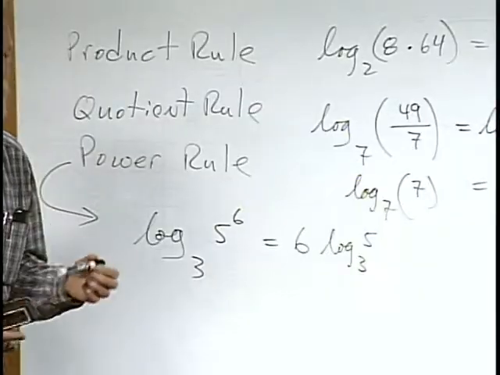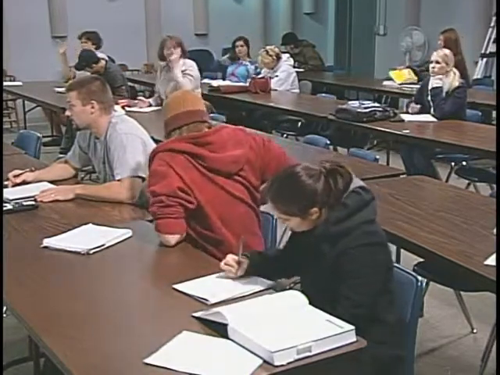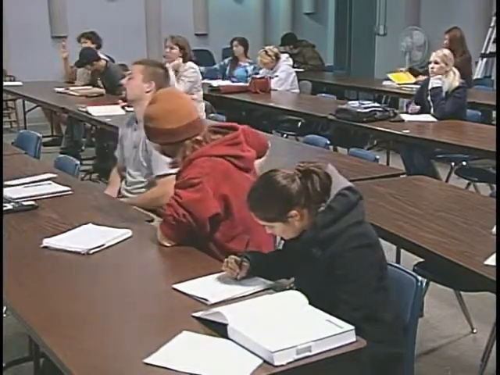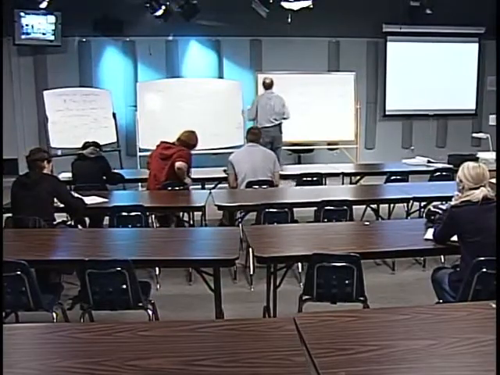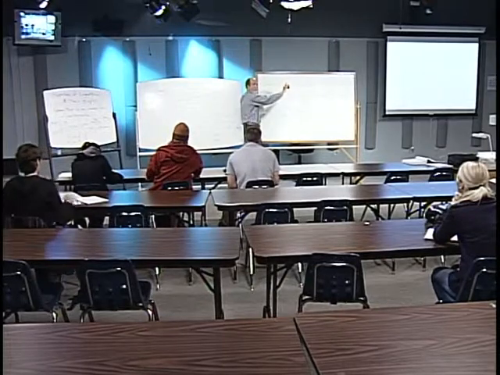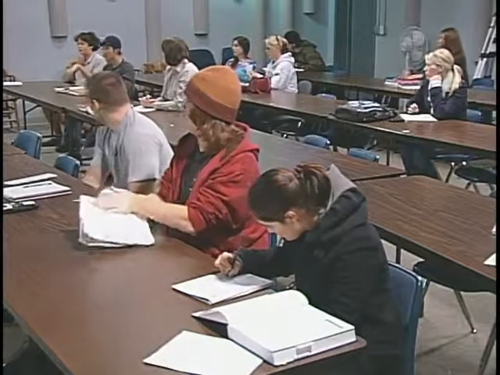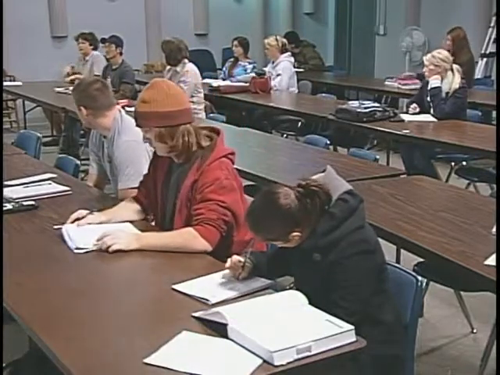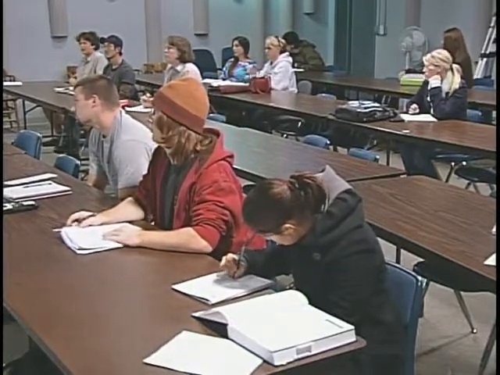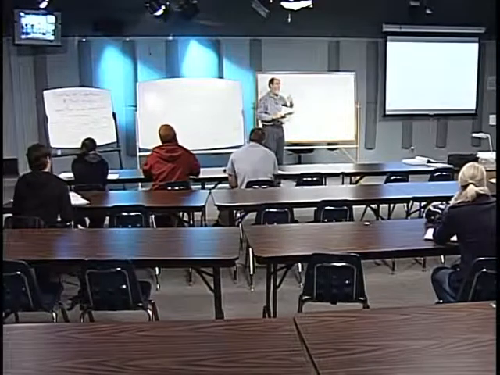Okay. Let me grab a problem or two out of the book. Everybody have these 3 rules? They're not hard. You just need some practice with them. Max? With the product rule, what would happen if one of the integers was negative? Would it just work out the same way? Well, think of the graph of the logarithms we've drawn.